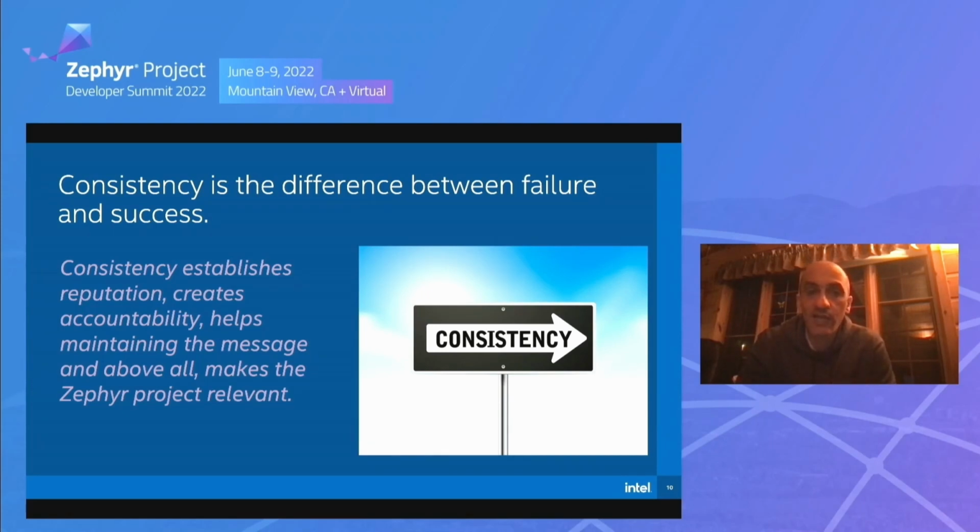When people look at the code, when people look at what we are doing, there has to be a story there. I mean, it can't be random contributions from different vendors from the community with the goal of making different hardware platforms and different features work together in any way possible.